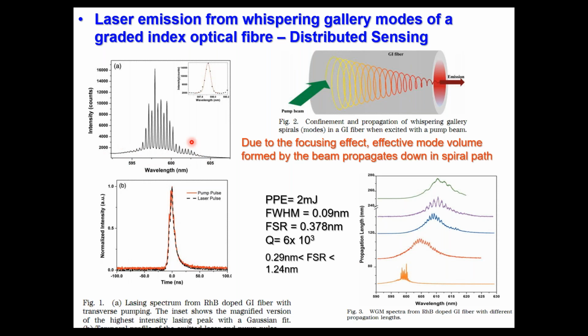If this is the emission spectrum at a particular location of the fiber, suppose I am taking this much length of the fiber, we are talking about millimeters and centimeters obviously, I have the circumference of this much, which leads to a set of frequencies, and if I am choosing this much length of the fiber, I am obviously taking a different set of frequencies.